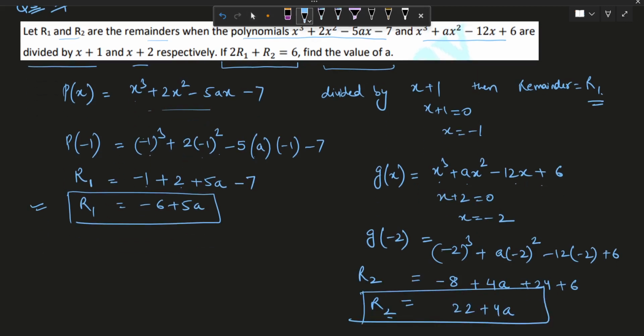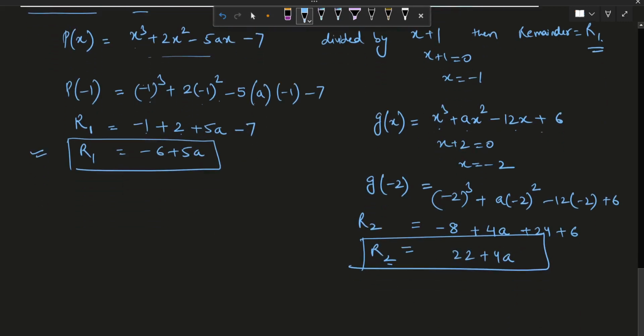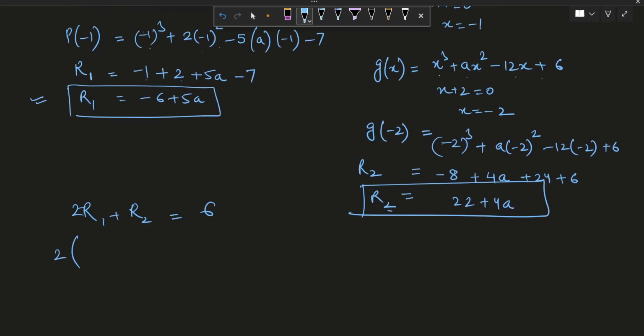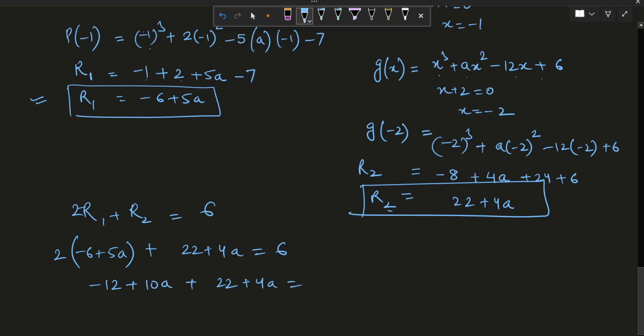Now, a condition they have given that if 2R1 plus R2 is 6. So I'll write that 2R1 plus R2 is given as 6. So R1 का वैल्यू मुझे पता है, -6 plus 5a. R2 का वैल्यू 22 plus 4a, this is 6. सॉल्व करते हैं इसको. -12 plus 10a plus 22 plus 4a is 6.